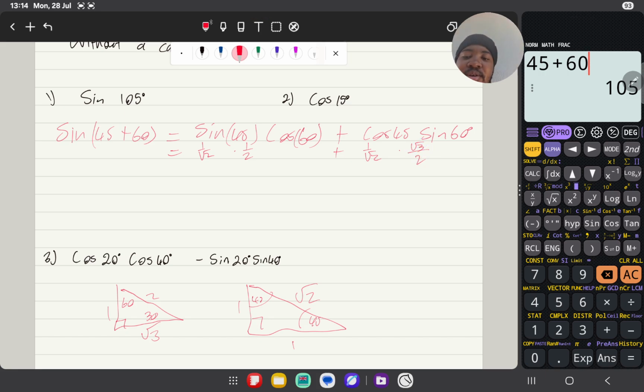So overall, I end up with 1 over 2 square root of 2 plus square root of 3 over 2 square root of 2, which you can just say is square root of 3 plus 1 over 2 square root of 2.